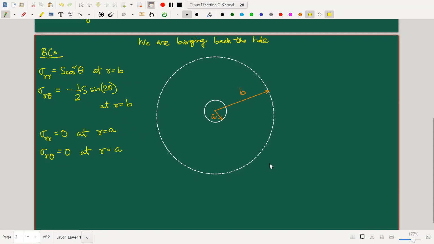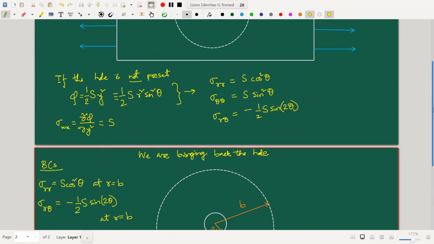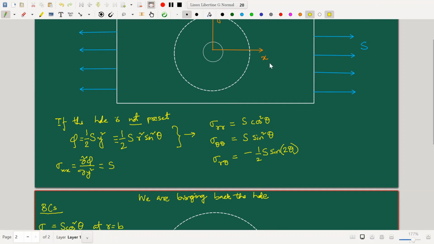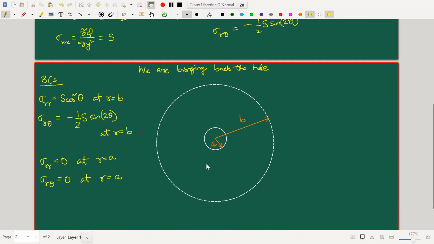So I repeat, what I have basically done till now is to reinterpret or re-represent the original problem, which was this plate with a circular hole, by this easier looking domain which consists of two concentric circles, but with the understanding that the outer radius here must be much larger than this a.